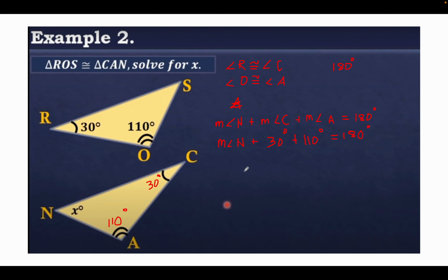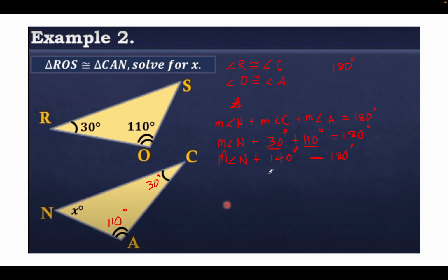Then, let's simplify. Measure of angle N, combine 30 and 110, we have 140 degrees is equal to 180 degrees. Then, we are looking for the value of angle N, so we need to transpose 140 to the right.